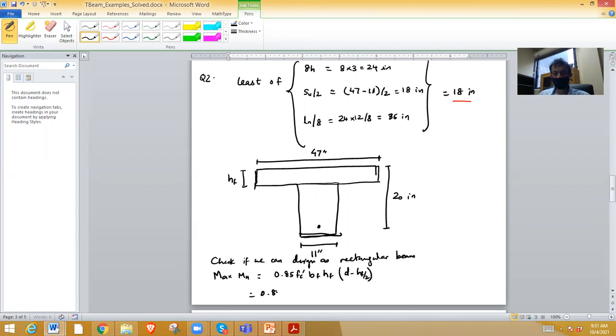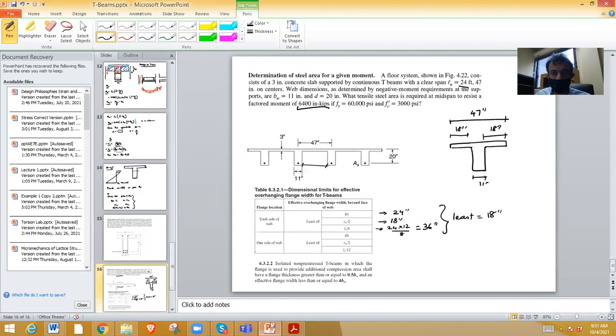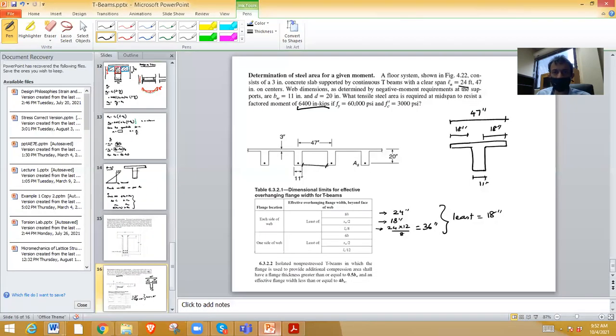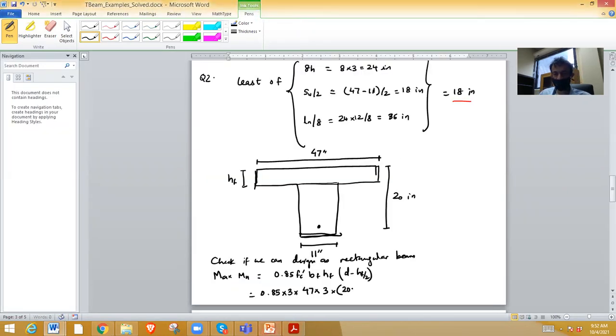So you have 0.85, fc prime is 3 ksi in this problem, bf is 47, hf is 3 inches, d is 20, 20 minus hf 3 by 2. So this is my maximum Mn. Let me calculate that.